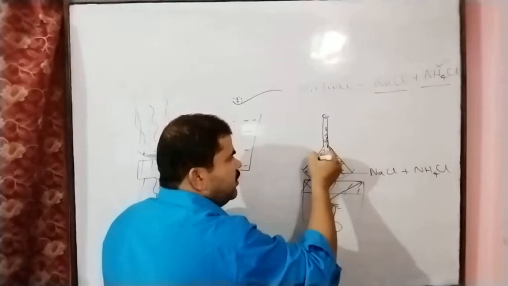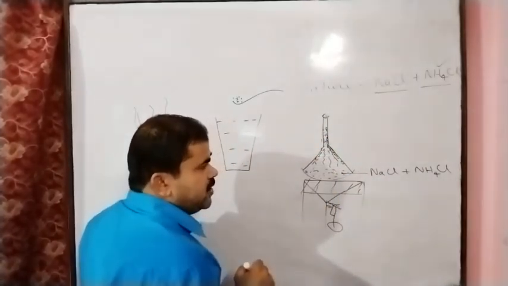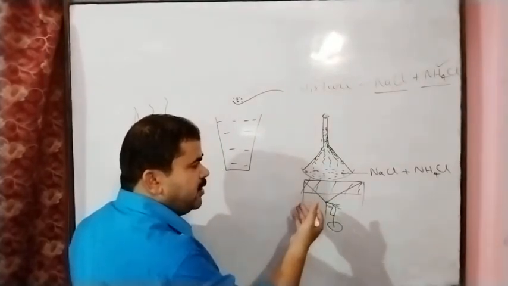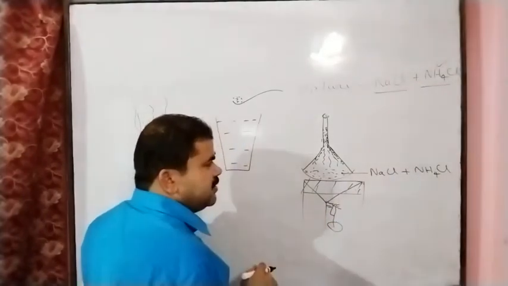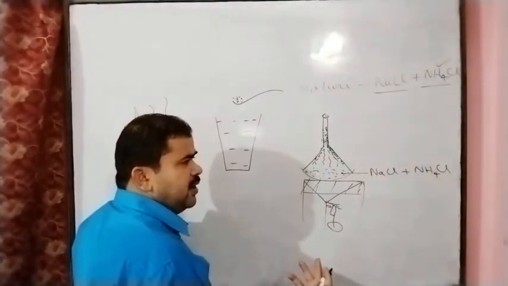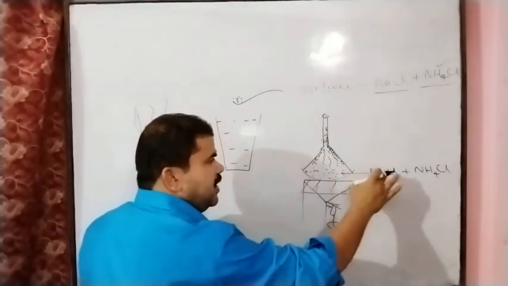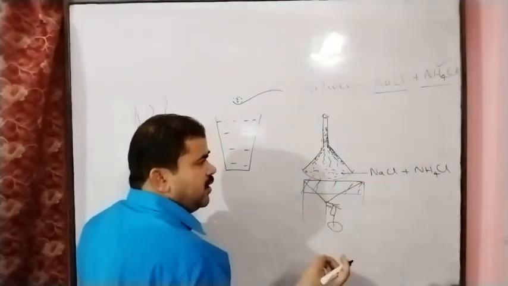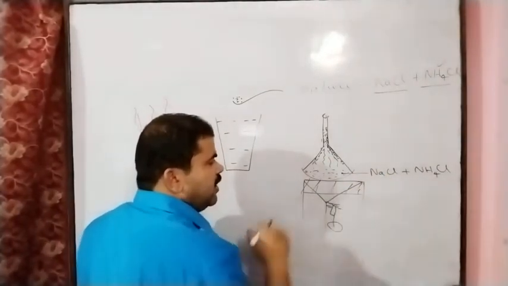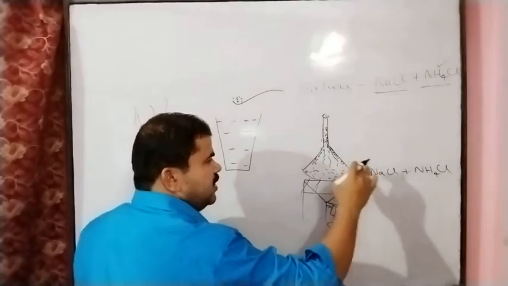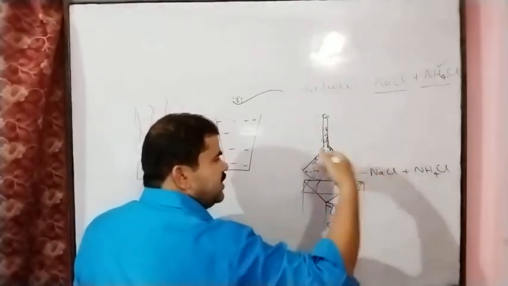So by cooling we get the ammonium chloride again in solid form. By heating, the ammonium chloride, the sublime substance, directly changes into vapor, and NaCl remains because it is a non-volatile substance with no ability to change into the gaseous form. NaCl: non-volatile; ammonium chloride: sublime substance.